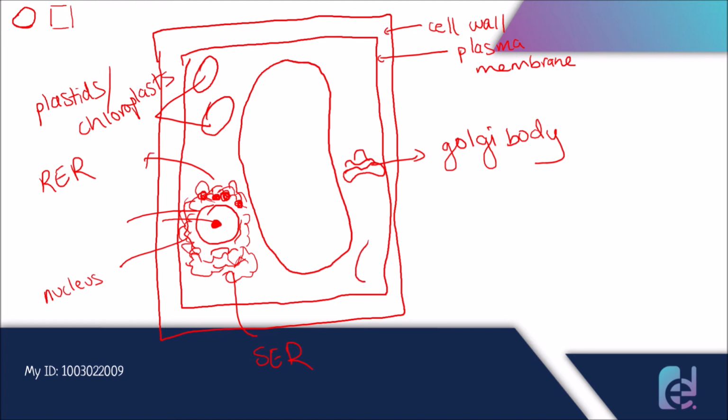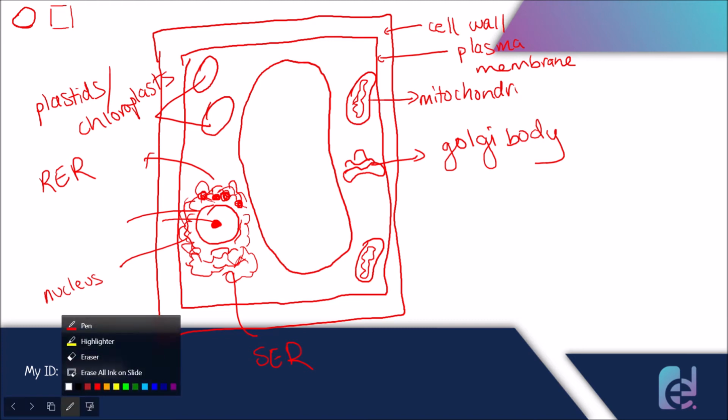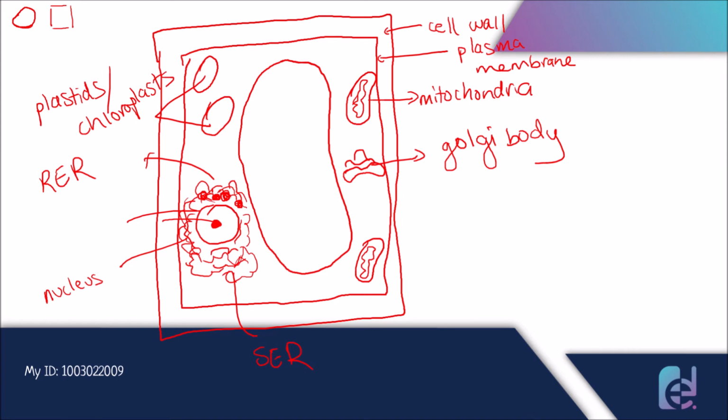And then we need the mitochondria. Multiple mitochondria we can have. So now this is the mitochondria. So now we have the simple diagram of the plant cell. Oh yeah, I forgot one thing. Vacuole, that's the main thing.